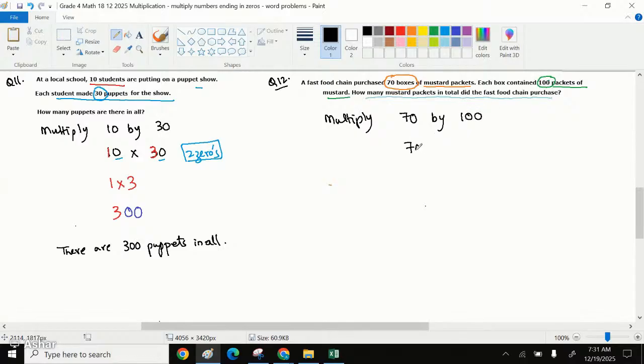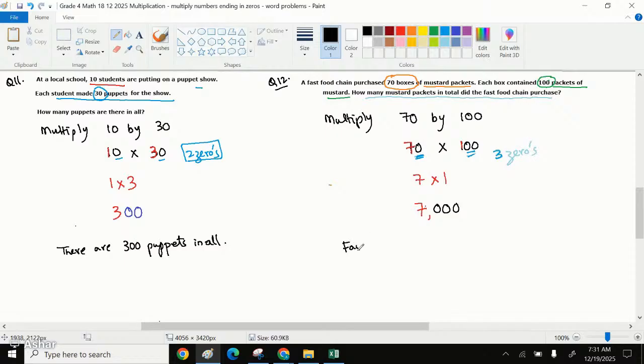So we can say 70 is multiplied by 100. The total number of zeros is 3 zeros, right? So 7 multiplied by 1 is 7, and you add the 3 zeros at the end. That means 7,000.